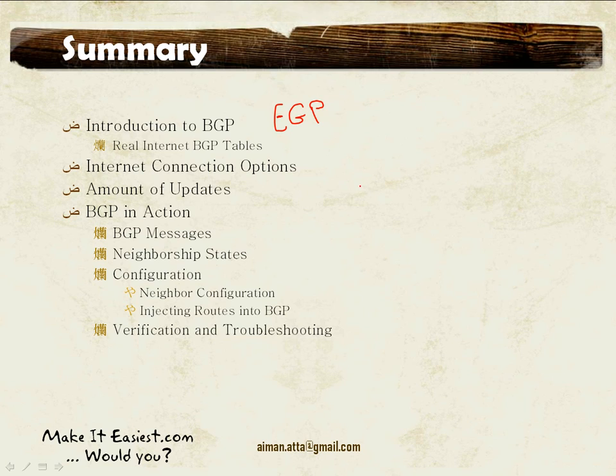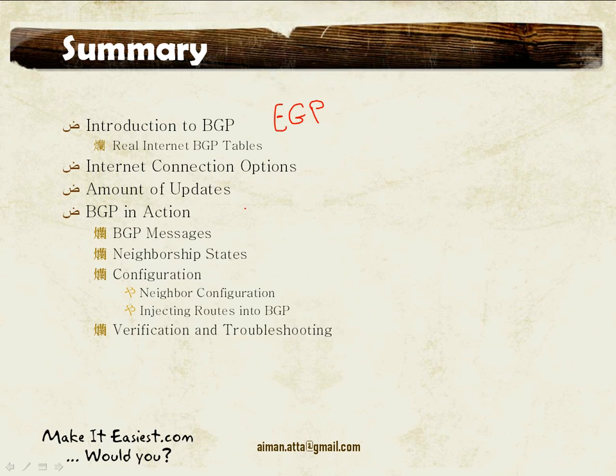The amount of updates you could be receiving: default routes, or you could be receiving the whole database or the whole routing table of the internet. And a trade-off could be receiving partial updates of the BGP internet table plus a default route to reach other destinations.